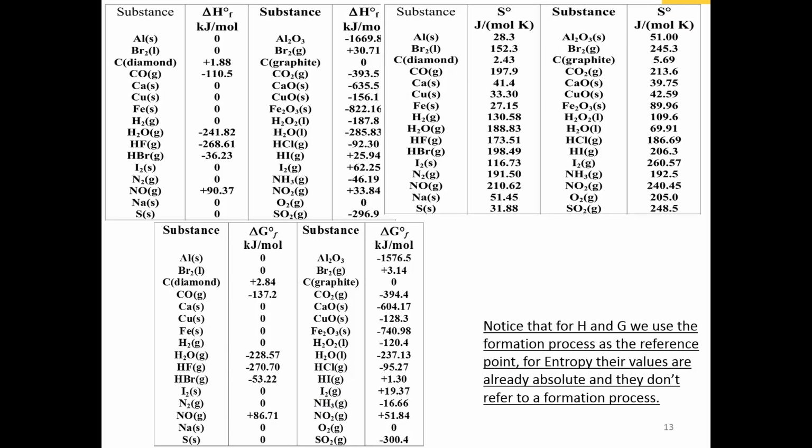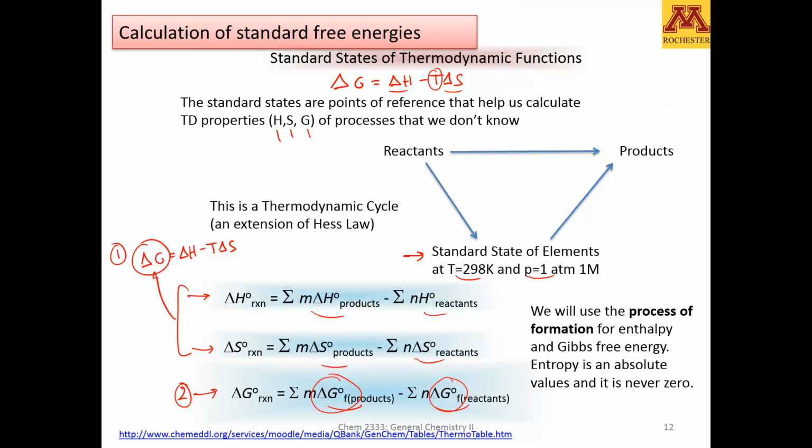This slide just shows that one can find tabulated the entropy, the enthalpy of formation, the Gibbs free energy of formation of as many compounds as you want. So one just needs to apply these equations to find the change in Gibbs free energy of any reaction.